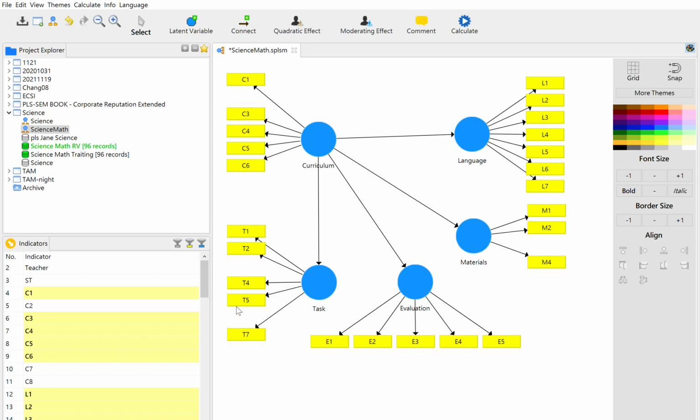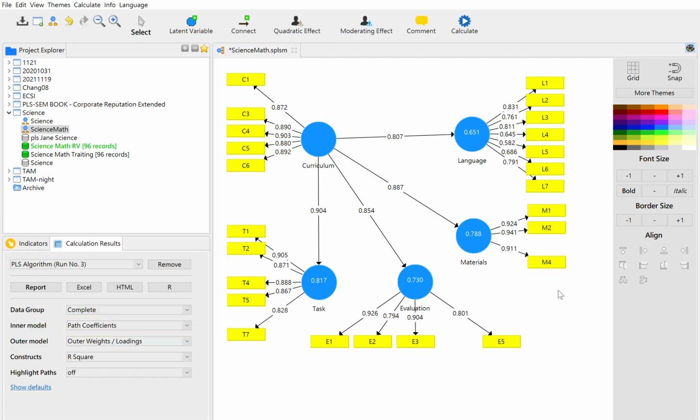Now, we normally don't do this, because we consider all of these indicators very, very important, but just to show that the factors and the numbers would meet the criteria for composite reliability. So that's what I did. So I'm going to run the PLS again.